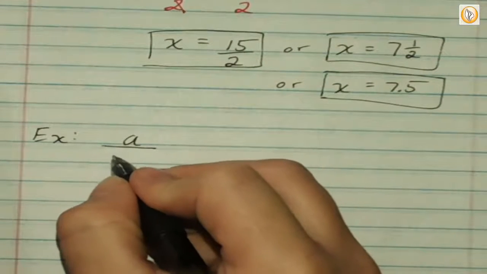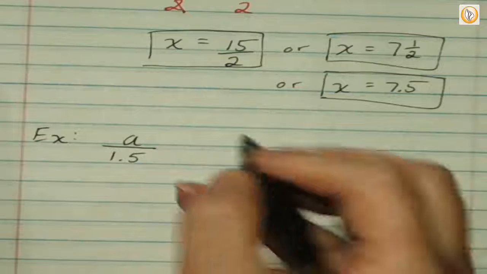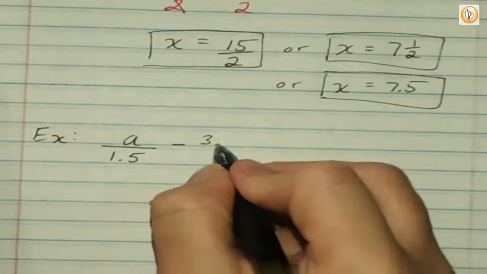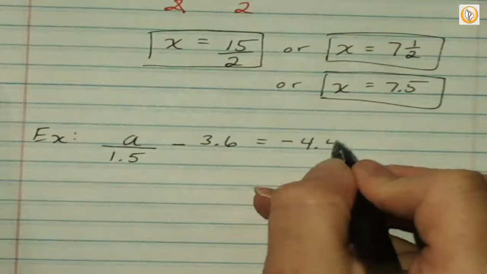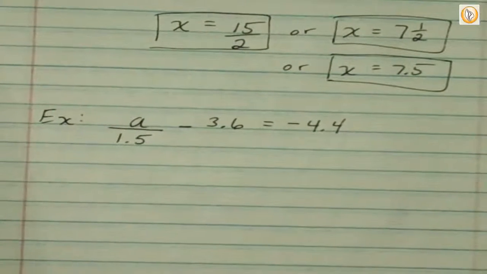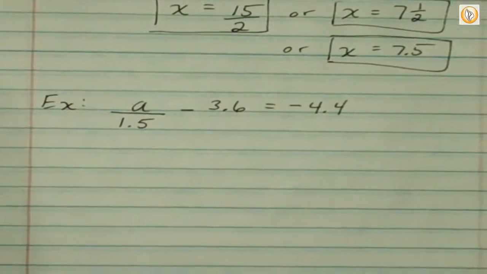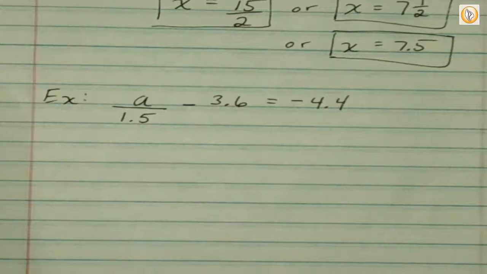A divided by 1.5 minus 3.6 equals negative 4.4. Taylor, what would I do first?